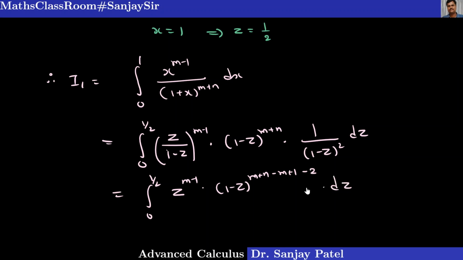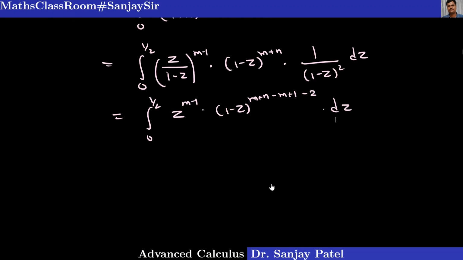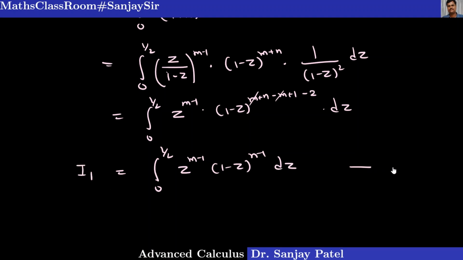So simplifying, m will be cancelled, and n minus n plus 1 minus 2 gives you n minus 1. So this is nothing but integral 0 to 1 by 2 z raised to m minus 1 into 1 minus z raised to n minus 1 dz. What I have proved is I1 is equal to this. Let me call this result number 2.